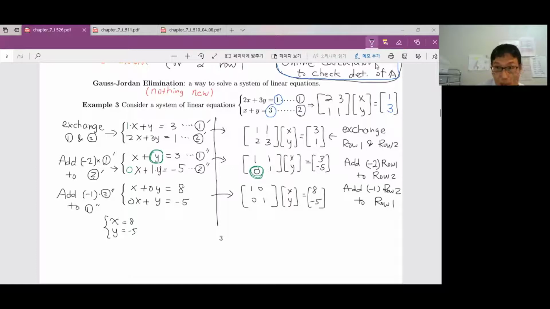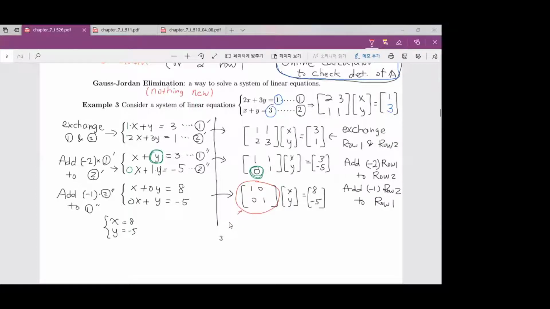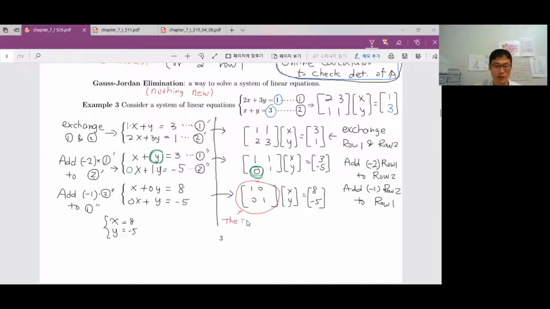And then no more steps. Look at this 2 by 2 matrix 1, 0, 0, 1. This guy has a special name. Does anyone know this name? Identity matrix. Bingo. This is the identity matrix.